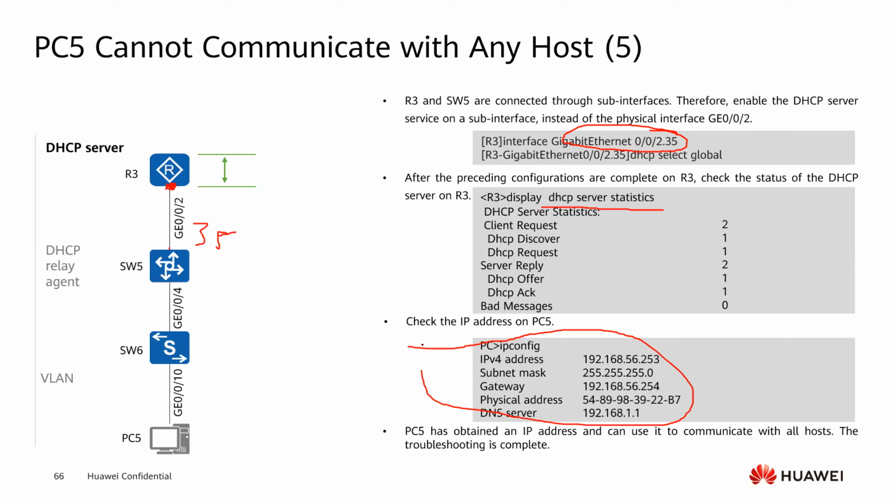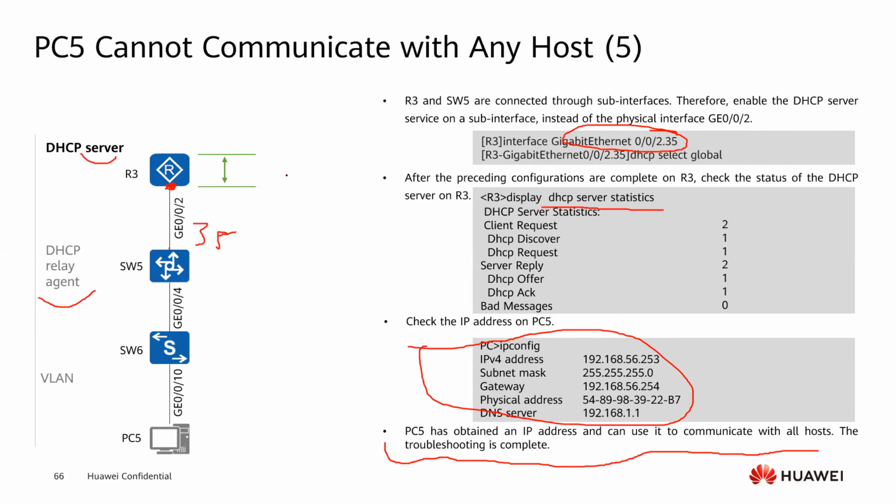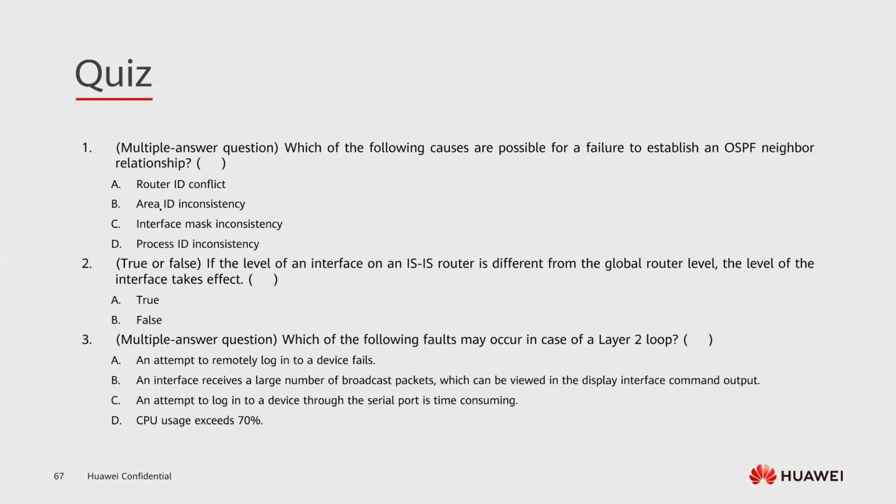Display DHCP statistics. Okay, check the IP address on PC5. So in this way, we have dealt with the DHCP server and the DHCP relay agent, and then PC5 has obtained an IP address and can use it to communicate with all hosts. The troubleshooting is complete. That's what we learned: three different examples for troubleshooting.